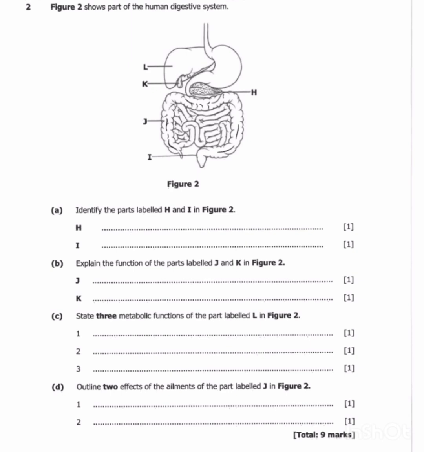Question D, outline 2 effects of the ailments of the part labeled J. The part labeled J, we said, is the colon. Ailments are diseases.